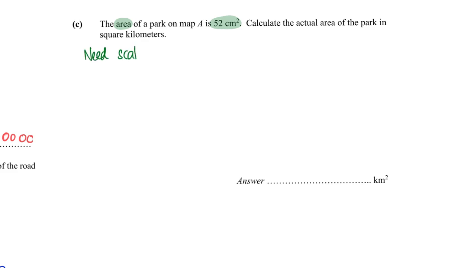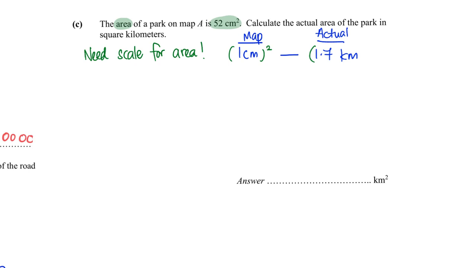For part C, if we are dealing with area, then we will need the scale for area. How do we do that? We start off with 1 cm on the map represents 1.7 kilometers again. And this is what we are going to do: square the scale.